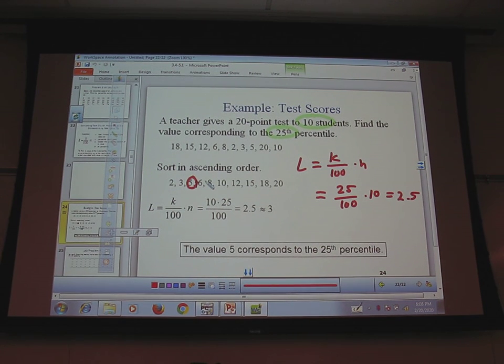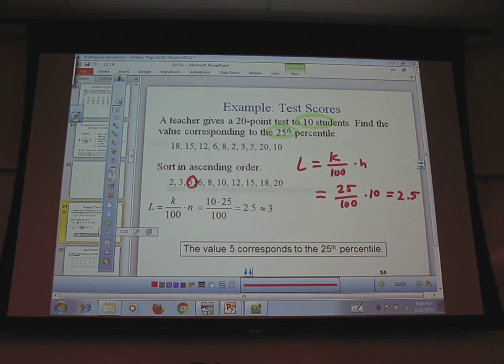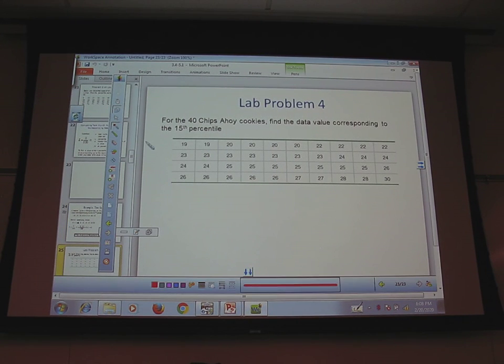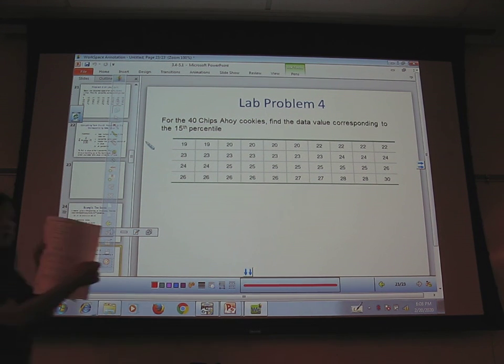So I want you guys to bust out your notes from last class, 3.3 notes, and do problem number 4, which is on the second page. Second page, 3.3 notes.